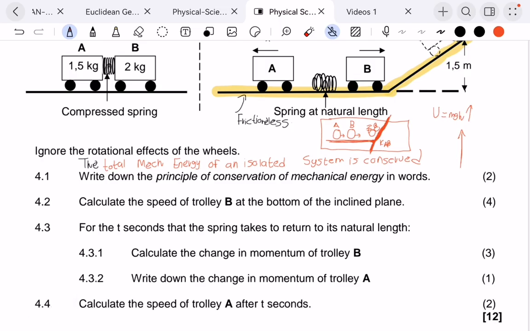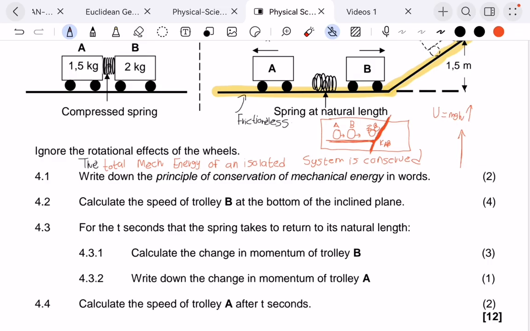So what I mean is that an object with a height of 0 has 0 gravitational potential energy. But if an object is very, very high, like let's say we are at the highest level of the air, where the aeroplane goes, and we drop a ball at that point, when it hits the ground, it's gonna hit with a very large amount of energy.